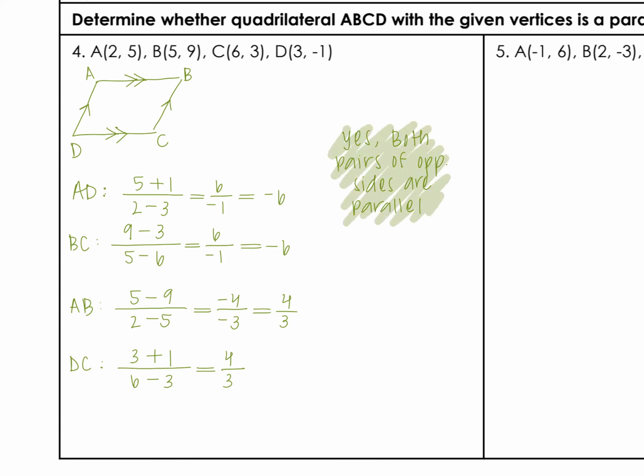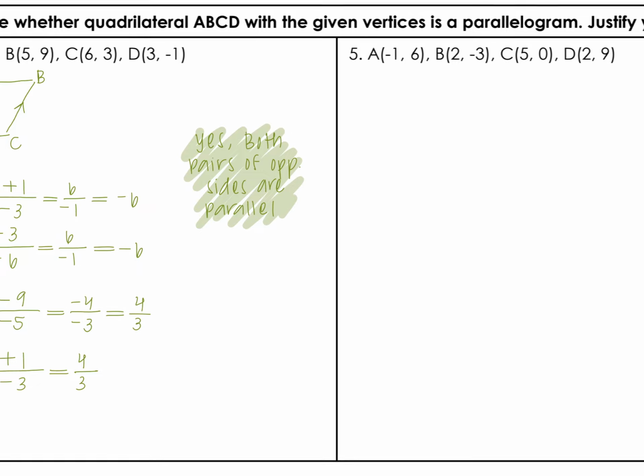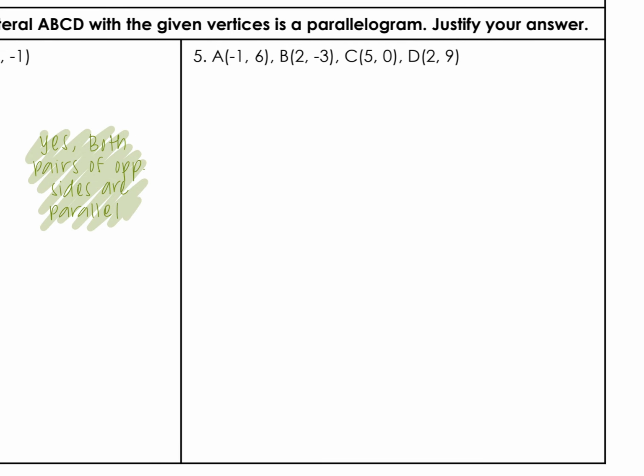Now let's look at number 5, and we will try another one. I'm going to kind of keep it similar, but still using a different one to prove it. So once again, just going to start off by drawing a quick visual.